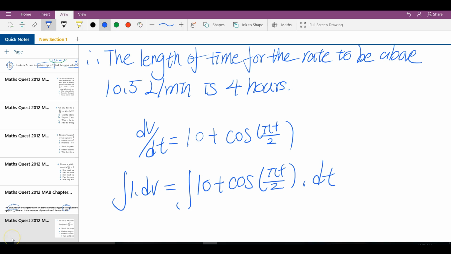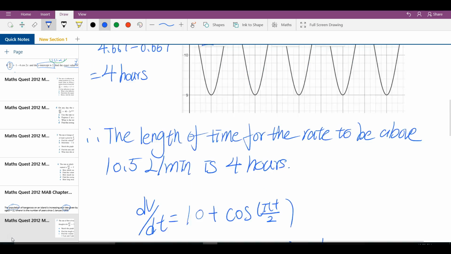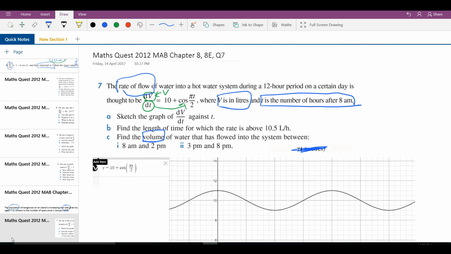The interesting thing about this question is that he's asking for the volume of water that has flowed into the system between given times, so we're looking for the total amount of water between 8 a.m. and 2 p.m. Now, we have to think. t is the number of hours after 8 a.m., so at 8 a.m., t would be equal to 0.